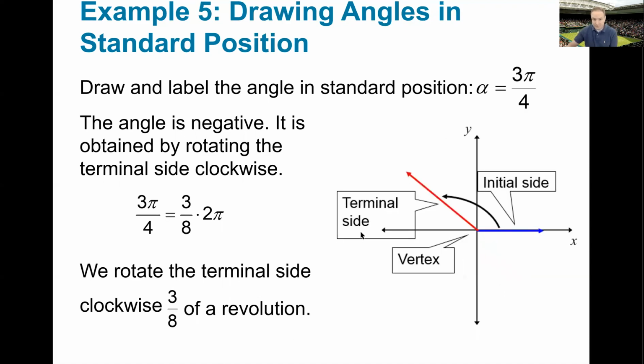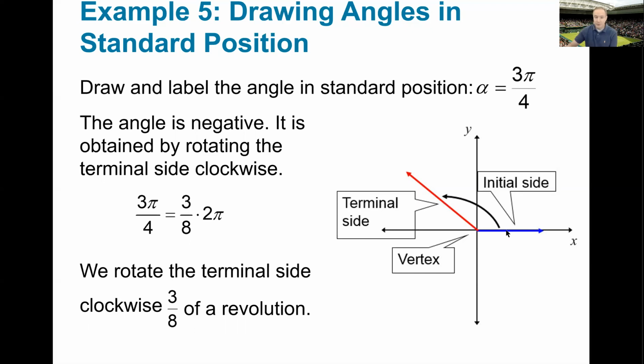Now, if I look at my next problem here, 3 pi over 4, please notice it's a positive angle. So each pi over 4 is going to split a quadrant. 1 pi over 4 would split quadrant 1. 2 pi over 4 would go straight up. 3 pi over 4 would split quadrant 2. So an angle of 3 pi over 4 is going to look like that.